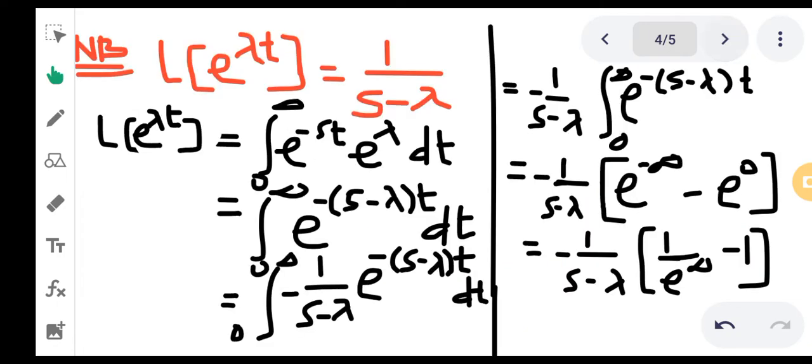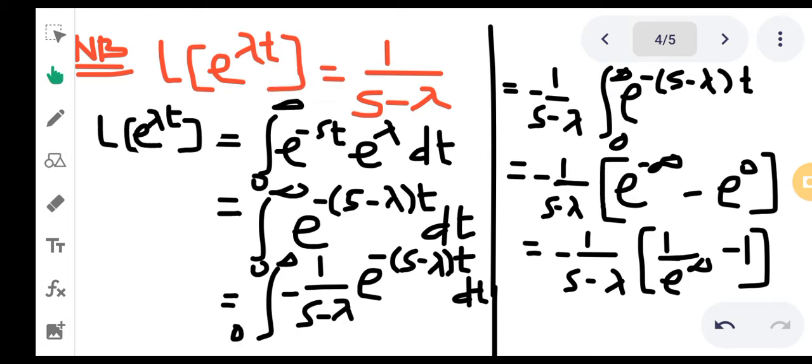We are coming to learn one thing. There are some questions we will encounter as we move on in differential equations, and these are some of the petty things we will come across. When you are given e exponent lambda t, the lambda is a constant.